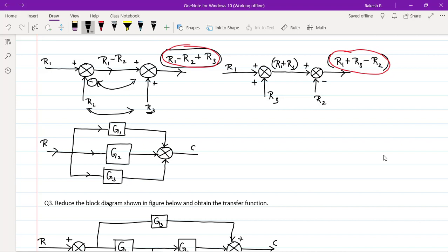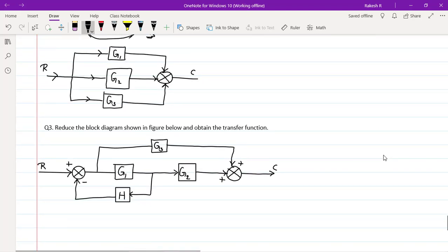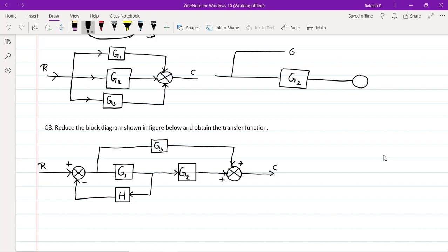Next, we shall see it for a takeoff point. Here we have the same takeoff point for G1, G2 and G3. I can write this block as G2 is there, and we have the summing point here. First, I'll take out G1, that is the takeoff point G1, then I'll take out G3.